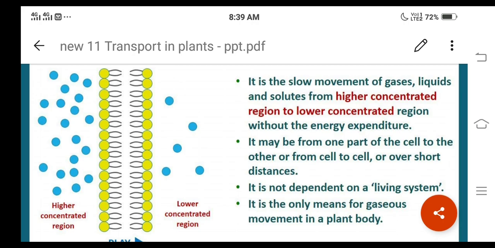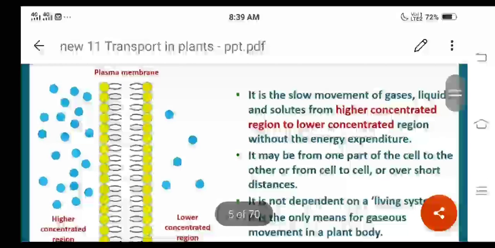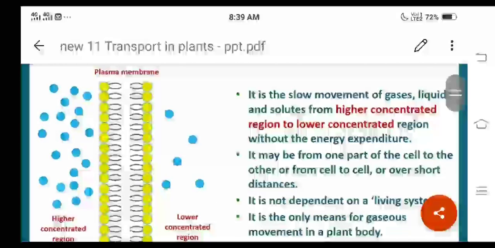Then one more thing. In the given diagram you can see the plasma membrane. We have studied that the plasma membrane is a lipid bilayer structure, right? And in the cell organelles we have studied the ultrastructure of a plasma membrane. What does it show? The lipid bilayer.